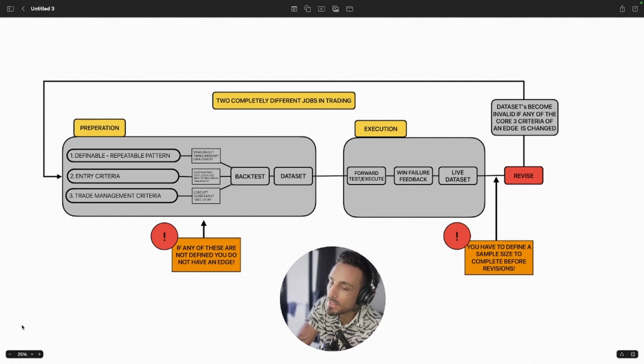So you might be a little bit interested in finding some more data sets to add to your edge, but in no way are you revising your edge. In no way are you changing the entry criteria. In no way are you changing any of these three definable things that were created for the edge.